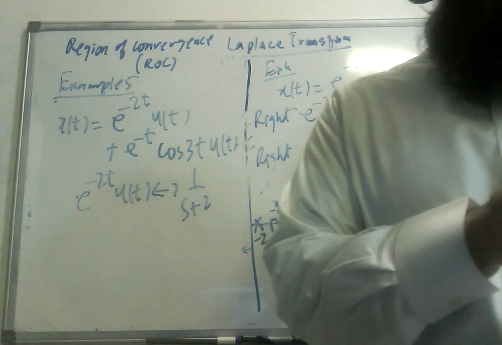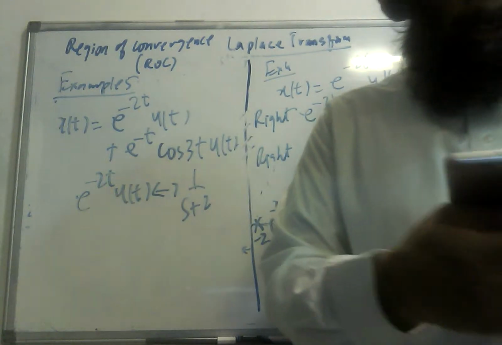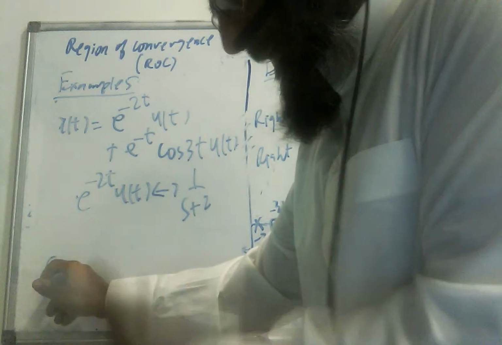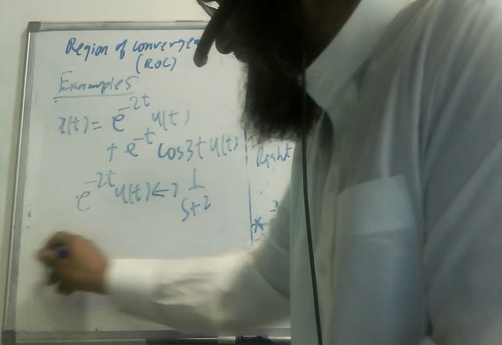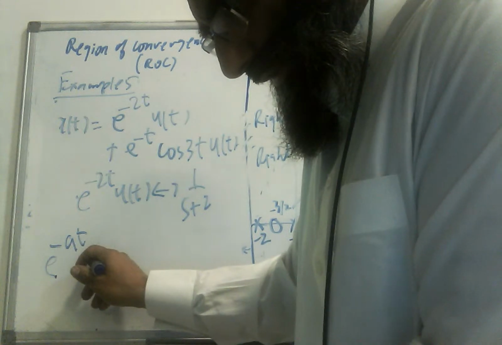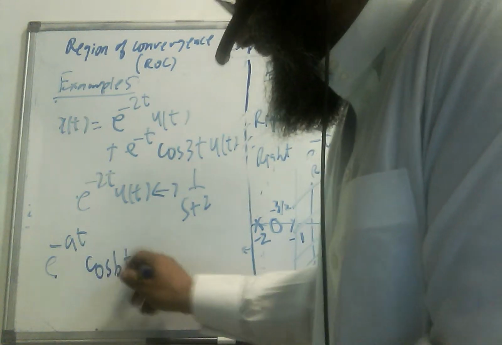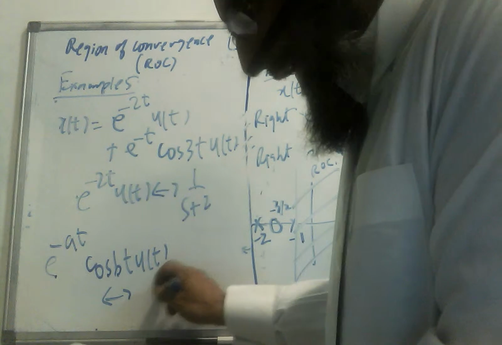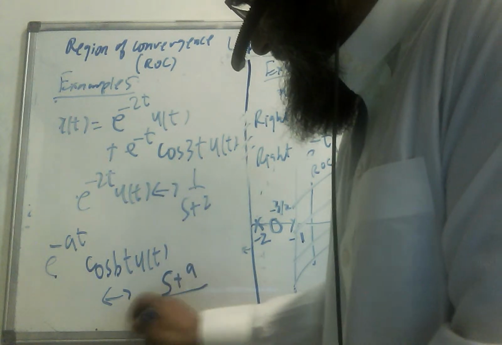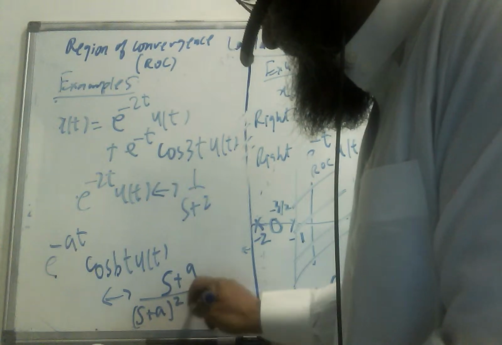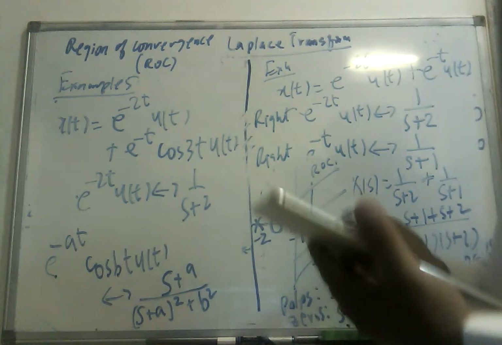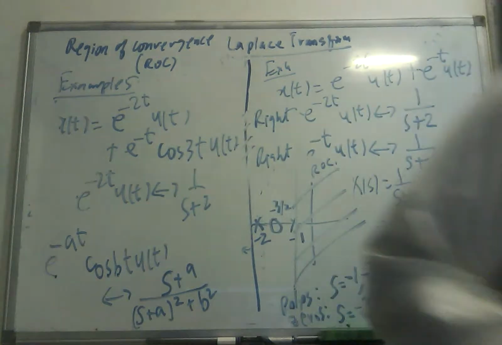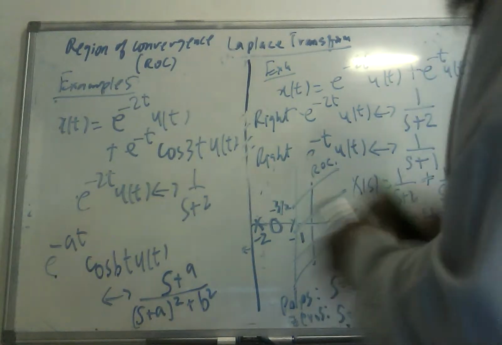So if you look at number 9, I can write the Laplace of e raised to the power minus at cosine bt u of t, which is similar to that, and that is equal to s plus a divided by s plus a square plus b square. So I can apply this formula to calculate the Laplace transform.